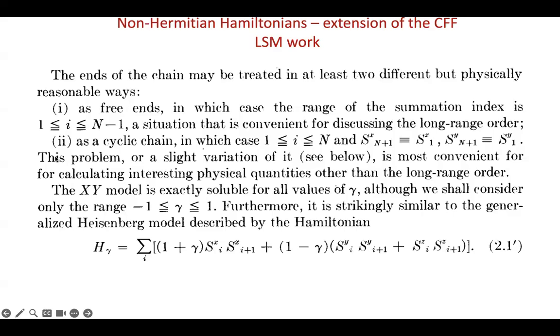But the common condition used is periodic boundary, like here, Sx n plus 1 is Sx 1, Sy n plus 1 is Sy 1. And i goes until n minus 1 because the interaction is set up as i plus 1. So the last one will be n. So anyway, I told you what the gamma's range is.